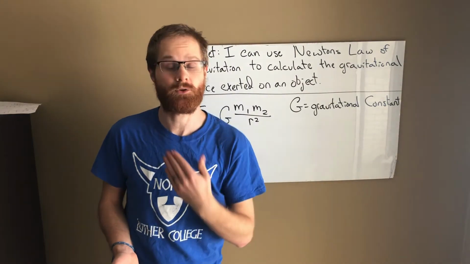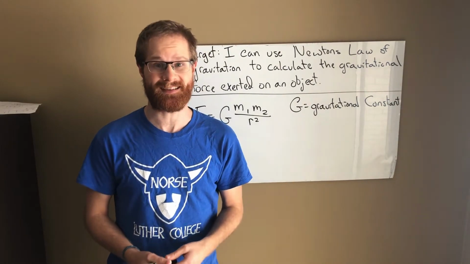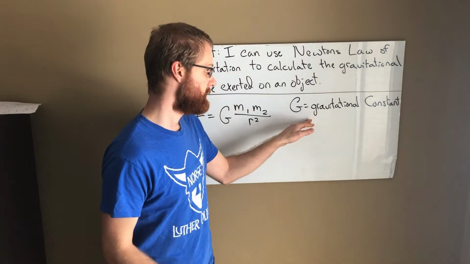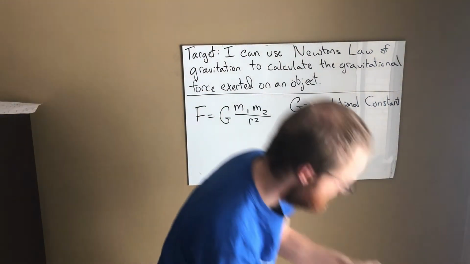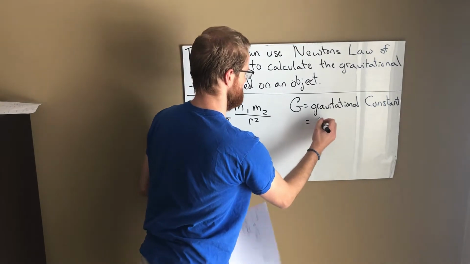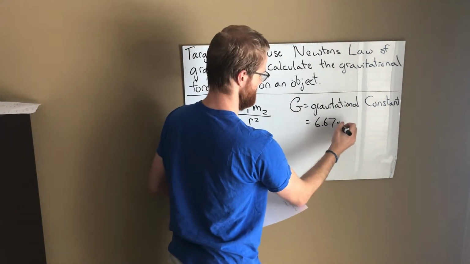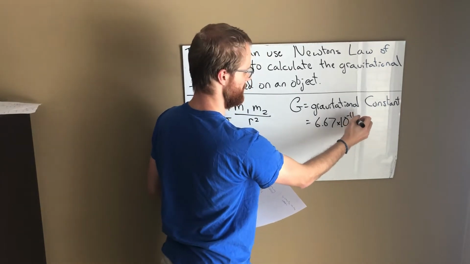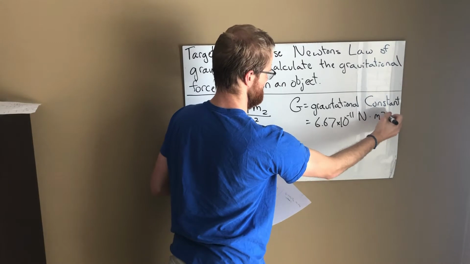Pi is always 3.14. That is an example of something that is a constant. And G is always going to be 6.67 times 10 to the negative 11th units.